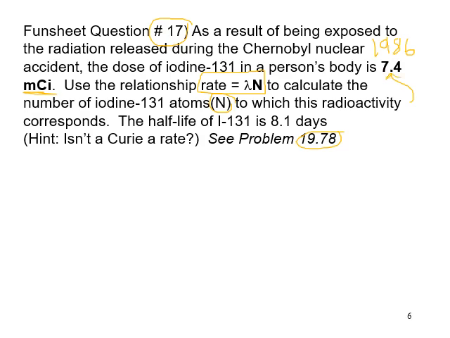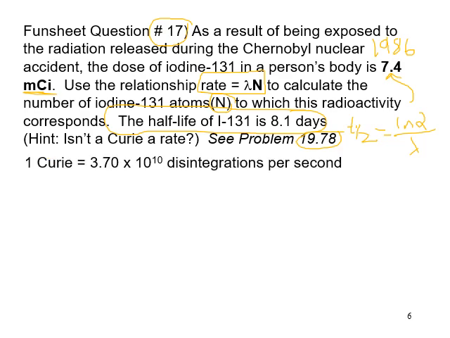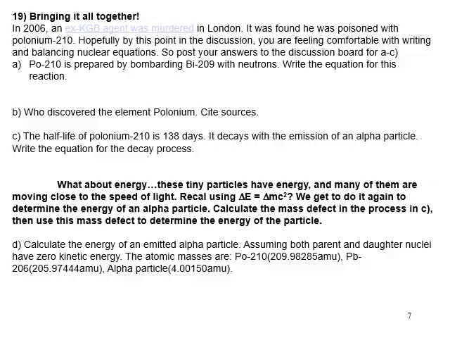So pop that 7.4 right here and solve for N. Now, of course, you're going to have to use the half-life and our relationship of t1/2 equals ln 2, or 0.693, over lambda, to get lambda, and then you can solve it. And there's your Curie again.